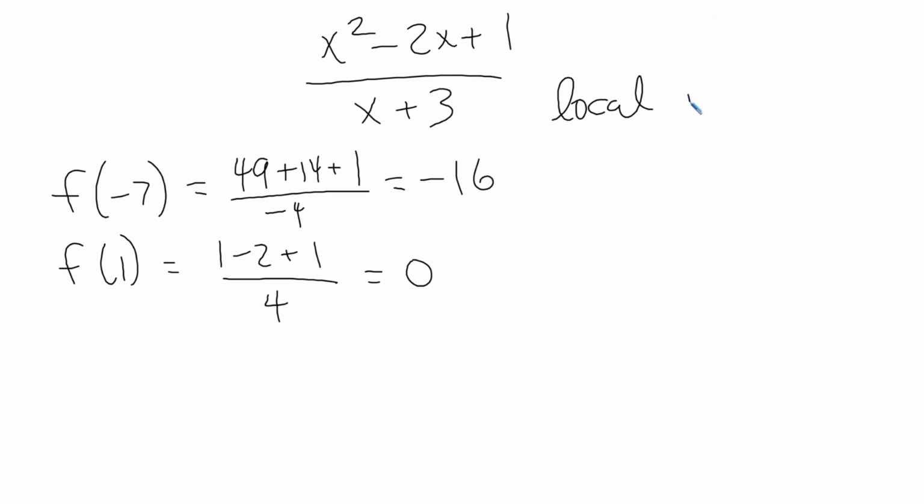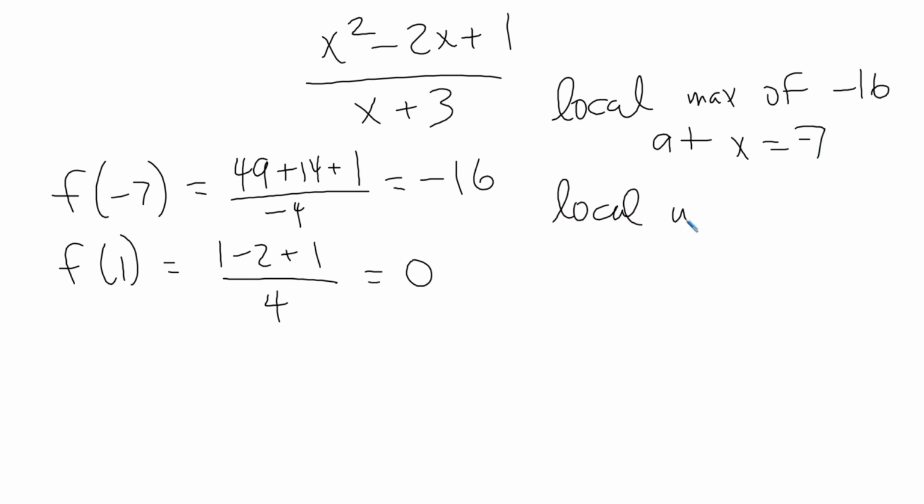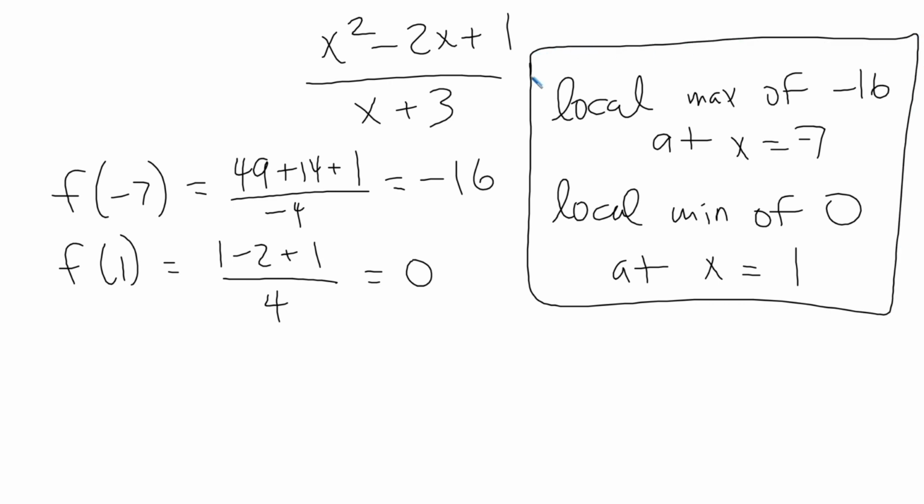So we have a local max of negative 16 at x equals negative 7. And we have a local min of 0 at x equals 1, which seems a little counterintuitive, right? That the max is smaller than the min, but that's because of that discontinuity that we have at x equals negative 3. It's kind of messing things up there.